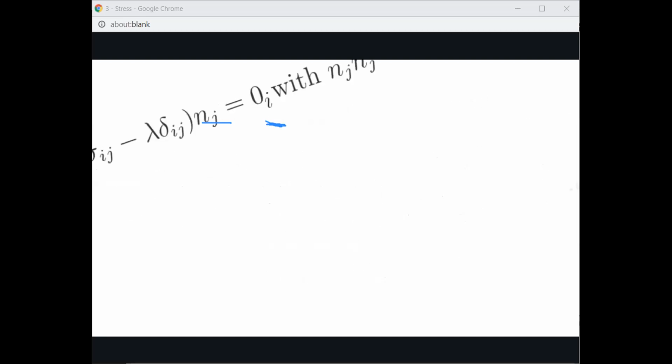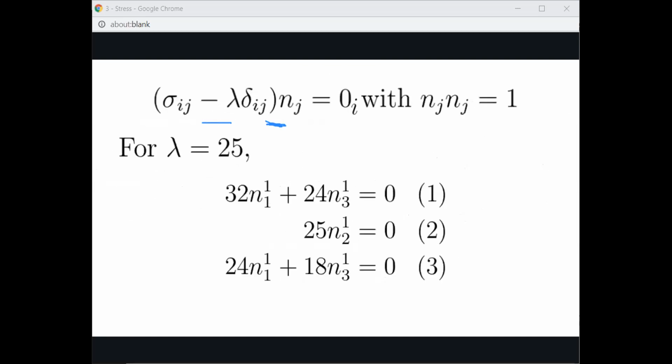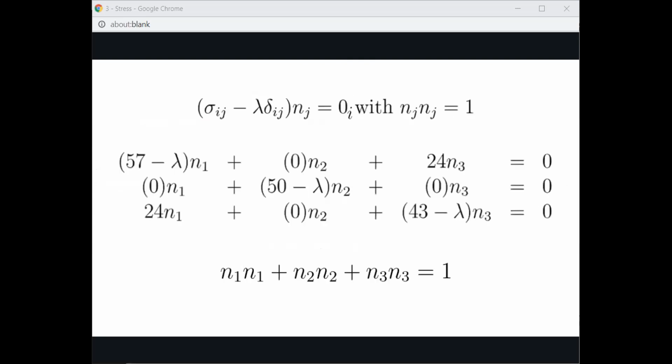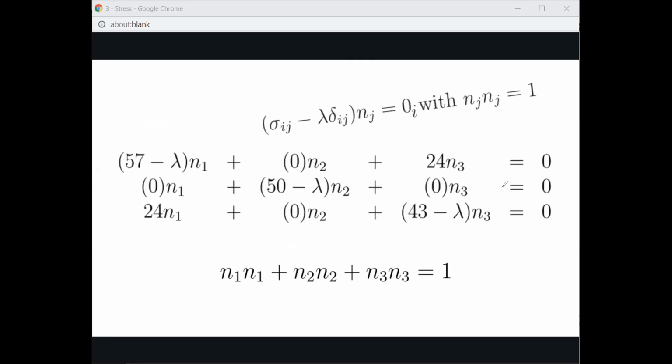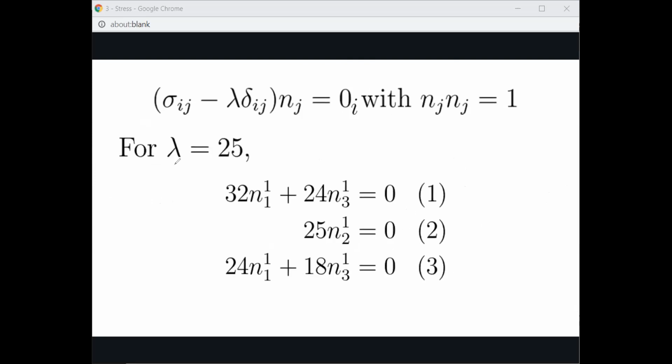Then, ayan. So we do this solving of n for every lambda that we have. So we have 3 lambda, so we repeat this 3 times. So for lambda equals 25, I just substitute lambda equals 25 to the set of equations that I have in the previous slide, and I get these 3 equations.